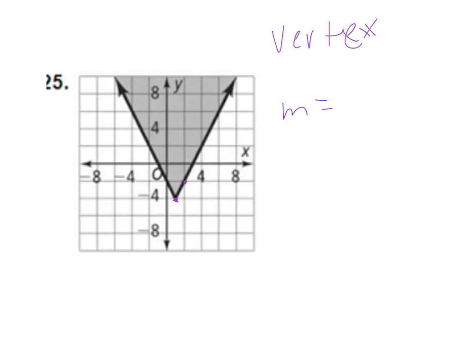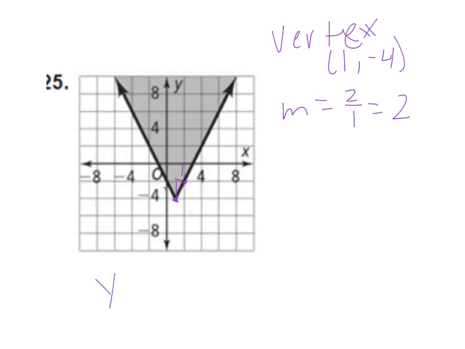This graph is a little bit more tricky just because I'm counting by 2's. So first I find my vertex again. So my vertex would be a positive 1 because half of the box would be worth 1, and I move down 4. So that's my vertex. When I find my slope, remember one box is worth 2, so I have a rise of 2 with a run of 1. My slope is 2 over 1, or just equal to 2.